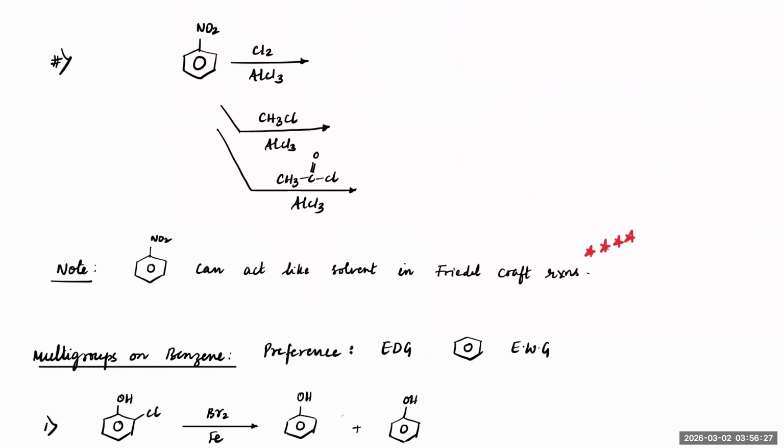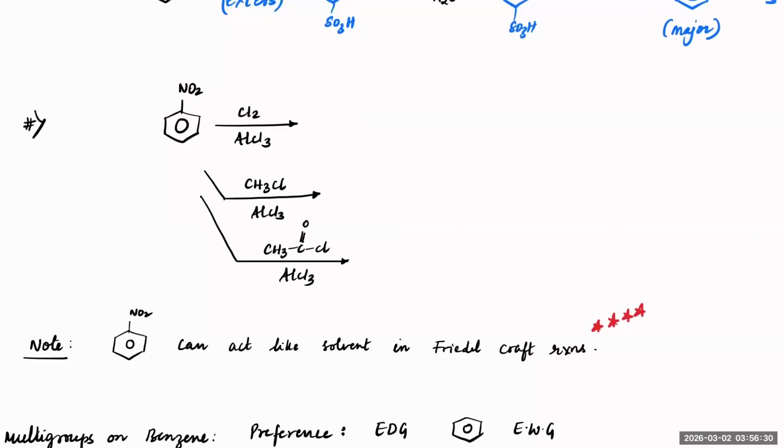Okay. Now, when you have nitration, you know that in the case of the nitro group, you can have chlorine substituting at the meta position, and that is the only product you will have, right? So this is the only product. But because NO2 is a very strongly withdrawing group, you will not see any alkylation or any acylation either.